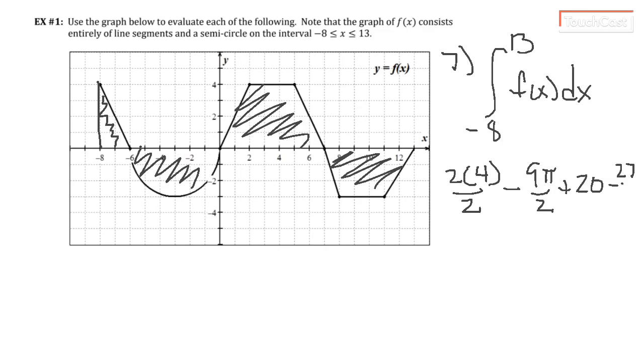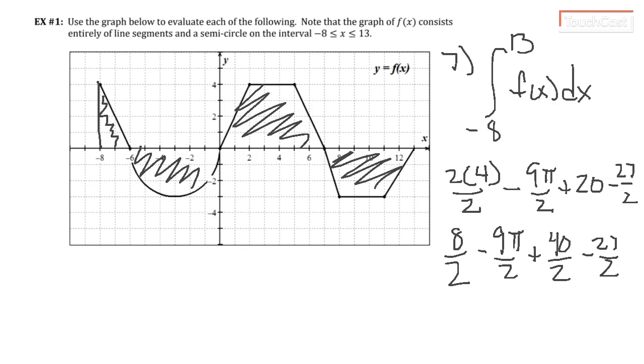We'll leave it as a fraction. So 2 times 4 is 8, divided by 2 is 4, which maybe for purposes of the adding and subtracting, let's leave it as 8 over 2 minus 9 pi over 2 plus 20 would be 40 over 2 minus 27 over 2.